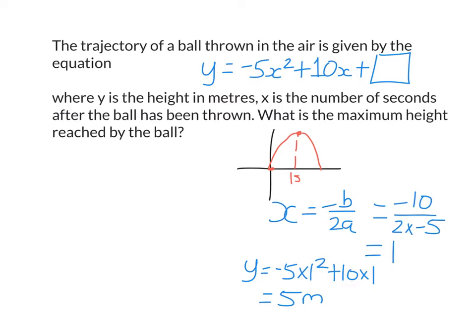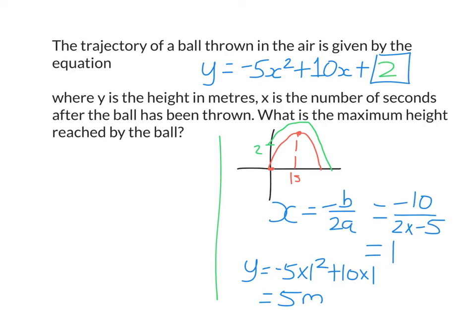If I add something like 2 on the end, that means that the initial height of the ball was 2. So that just shifts the parabola up by 2. Instead of starting at 0, everything's up by 2, and it'll take longer to hit the ground. If I change it there, the x coordinate of the turning point would still be 1. b is still minus 10, a is minus 5.